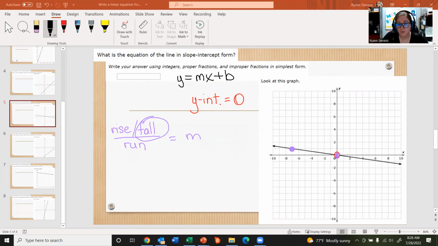In order to line up with this point over here, we're going to fall 1 place, so we're going down -1. And then to get to 0, 0, we're going to go over 1, 2, 3, 4, 5, 6, 7 places.